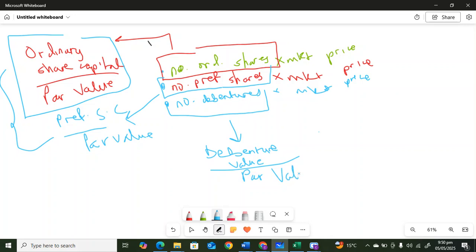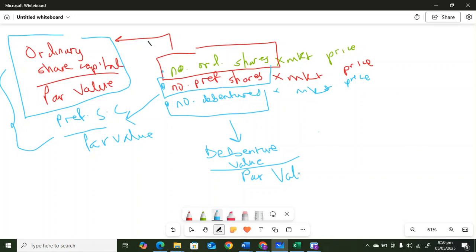So colleagues, because in the exam, this is not going to be given to you. And it's not all the time they'll give you the number of preference shares or whatever. So, any questions? Have we seen they're all following a similar format? To get their market values, you just get the number of these securities and multiply by the market price.